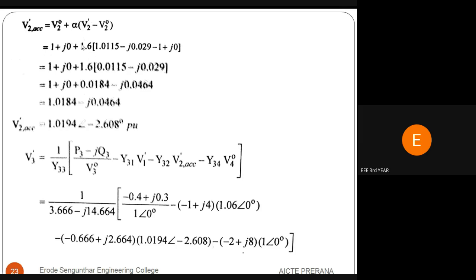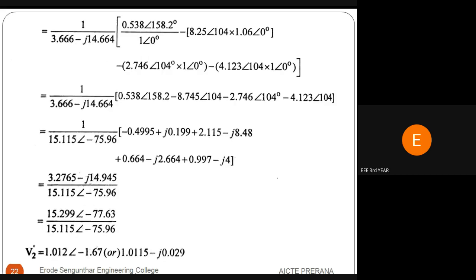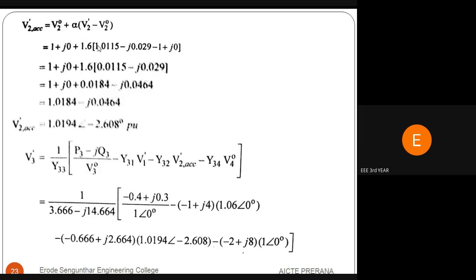The alpha value is 1.6, the V2 old value is 1 plus j0, and the V2 dash value, the new value from the calculator, is 1.015 minus j0.029. After substituting, we get the V2 accelerated value as 1.0194 at an angle of minus 2.608 degrees, in per unit.